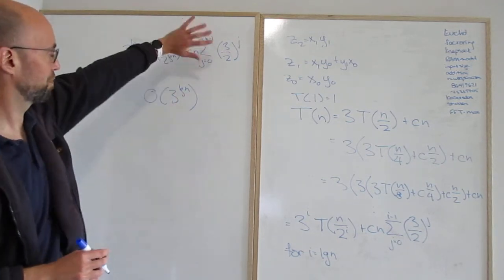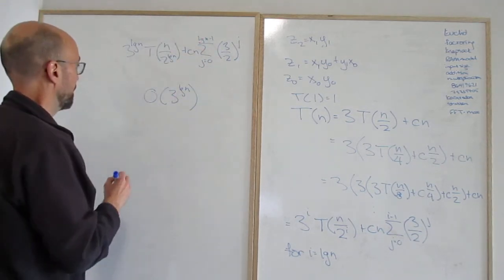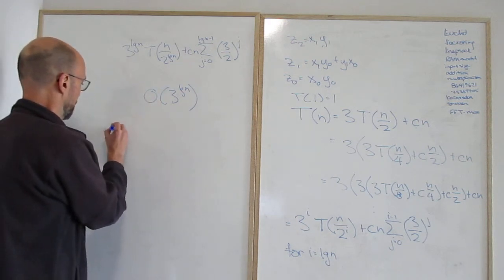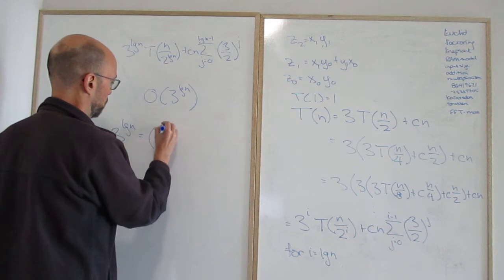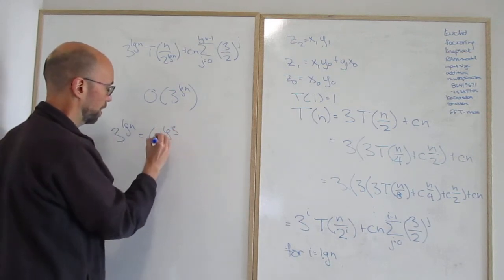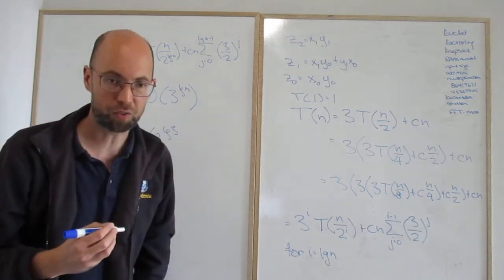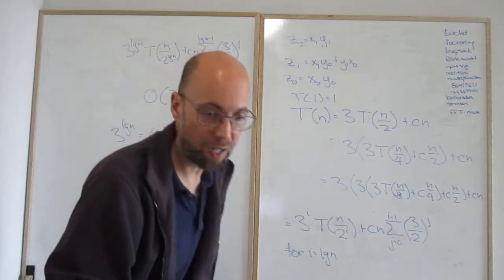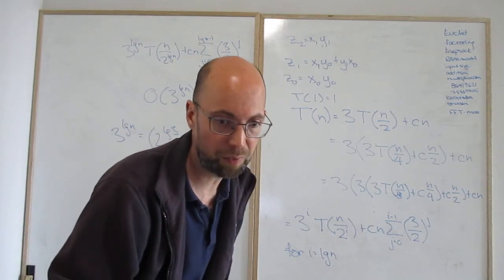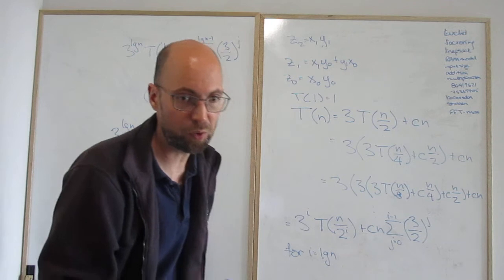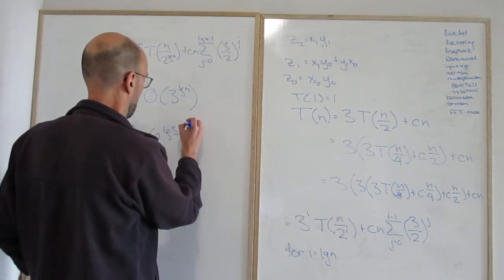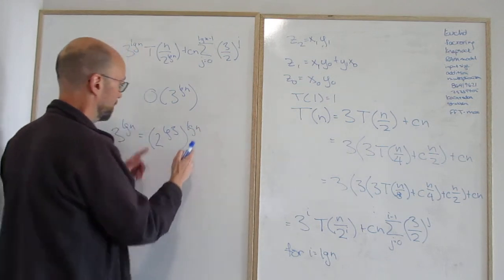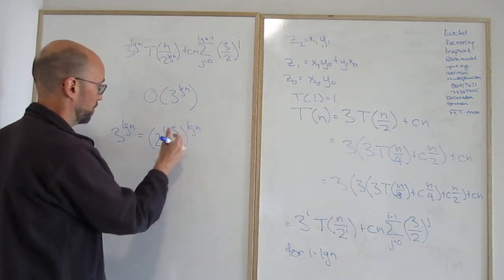If I have more time, I can do this. So what is this? Well, 3^(log n) equals 2^(lg 3 times log n). lg means log base 2, which is very frequent in computer science. We need log base 2 all the time. Then we can just swap these around.